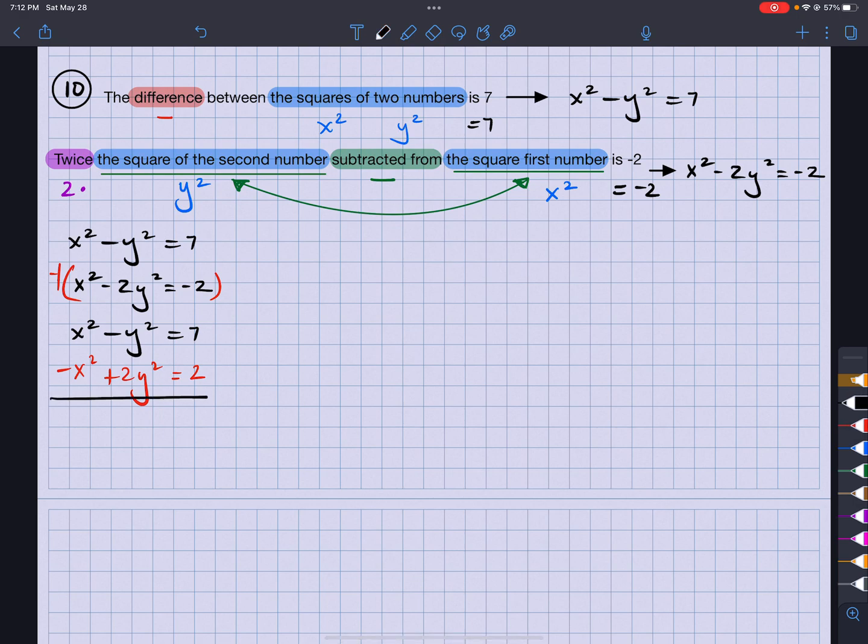And let's go ahead and add these. And when I add them, what do I get? I get y squared equals 9. So y must equal plus and minus 3.